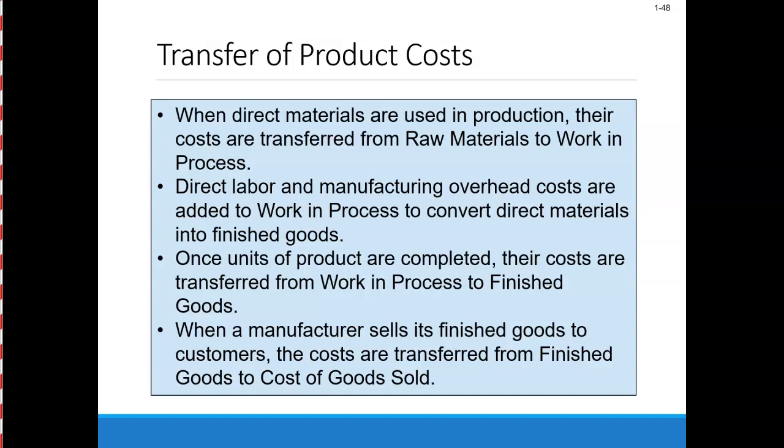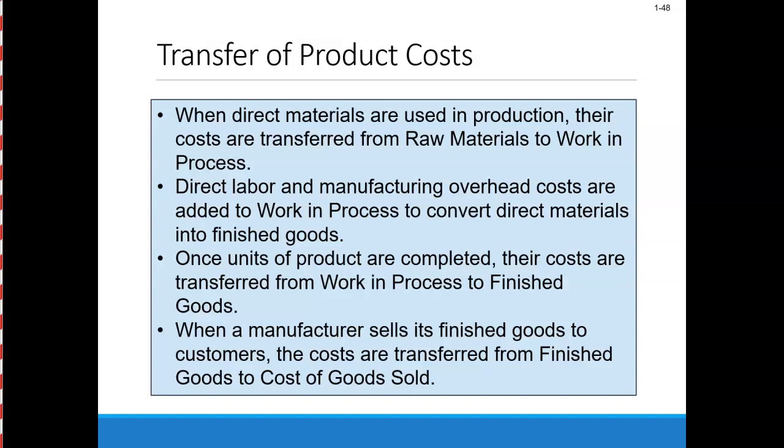When raw materials are requisitioned from the raw material warehouse to the production line, we transfer it from raw materials and put it in work in process. When direct labor and manufacturing overhead costs are being used because we're working on products, that then gets transferred into work in process.